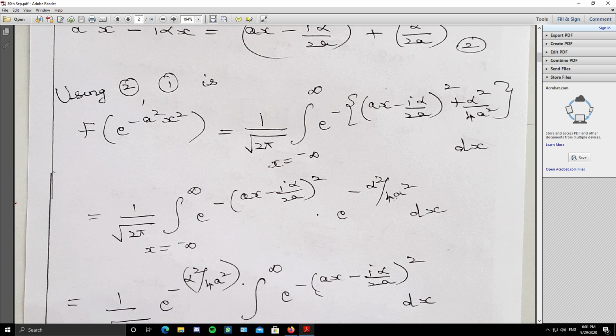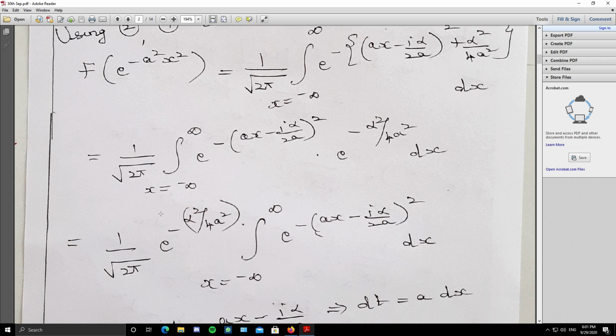Now e power minus alpha square by 4a square is a constant, so that is taken outside. So 1 by root of 2 pi e power minus alpha square by 4a square integral minus infinity to plus infinity e power minus of ax minus I alpha by 2a the whole square into dx.